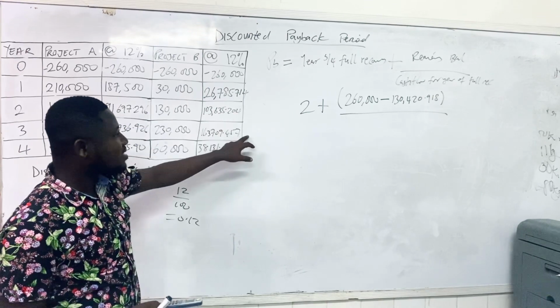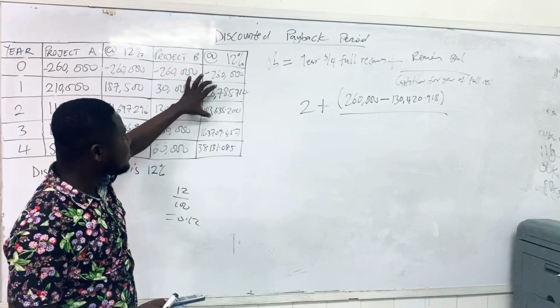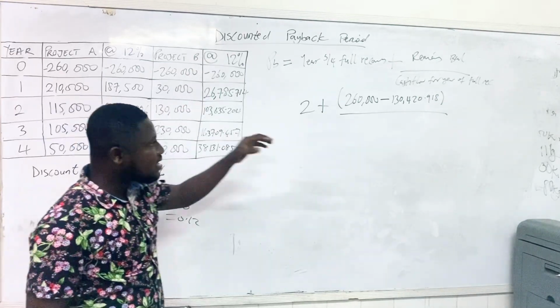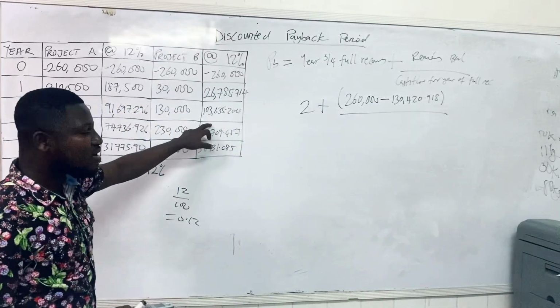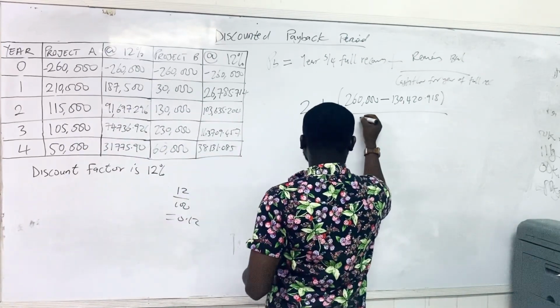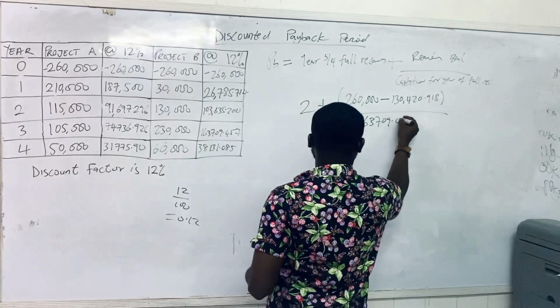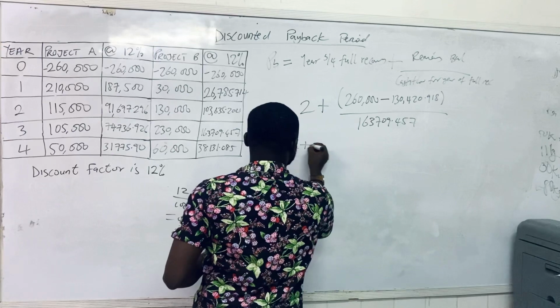The third year's discounted value is more than the remaining balance, so you subtract the first year and then the second year's value from the initial investment, and then you get your remaining balance. And it is during the third year that we are going to make our full recovery, so you state the third year's value here, 163,709.457.